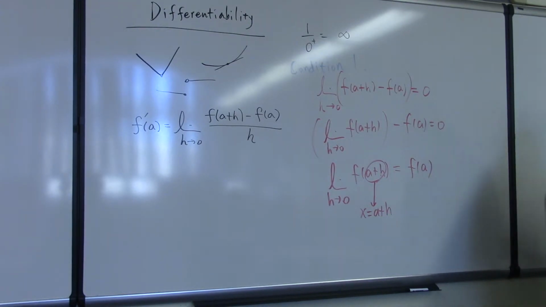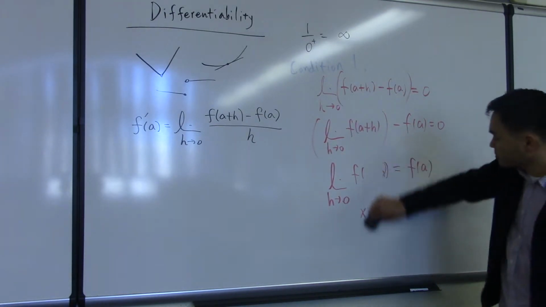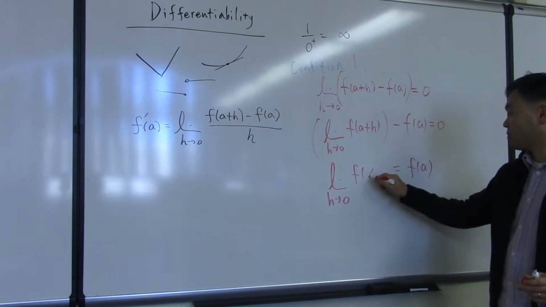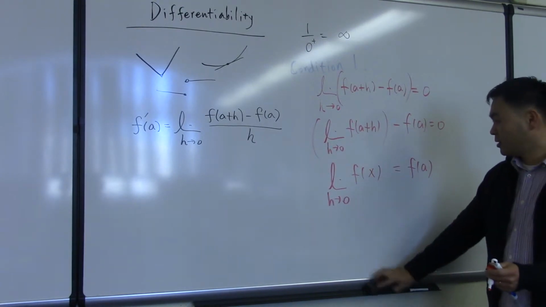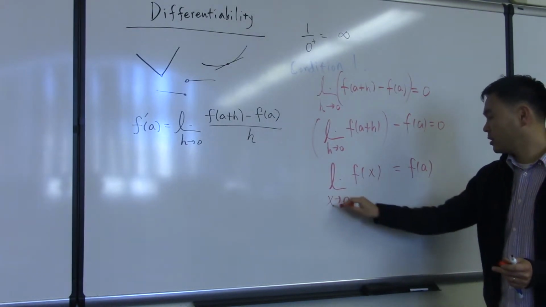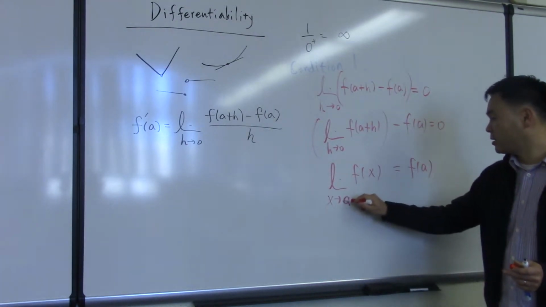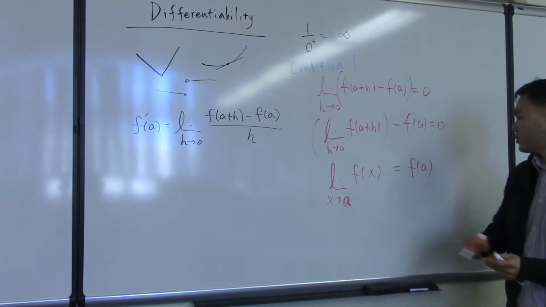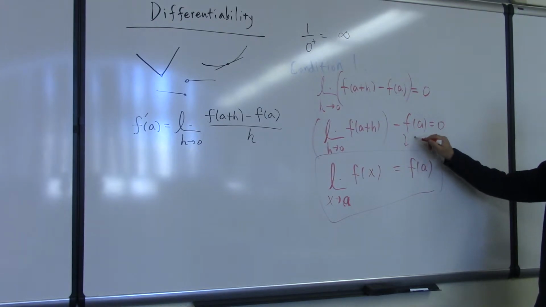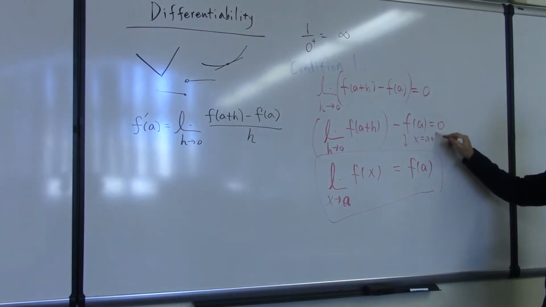So if I replace a plus h with x, and x goes to a, I have the following definition. This comes from here with the substitution x equals a plus h.